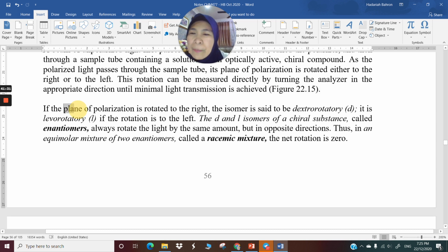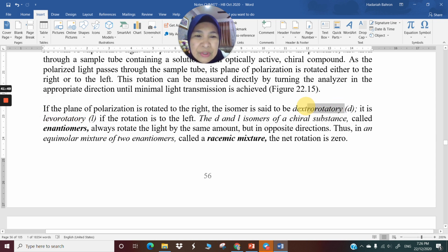Now, if the plane of polarization is rotated to the right, then that isomer is called dextrorotary, D. But if the plane is rotated to the left, then you call it levorotary.